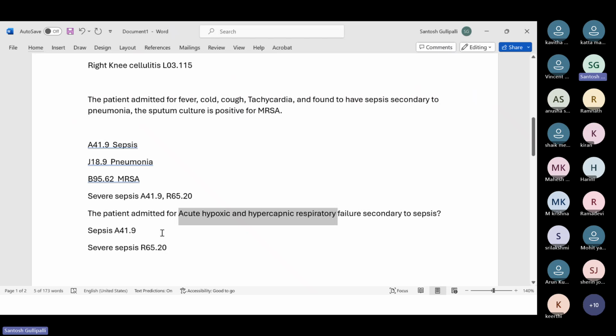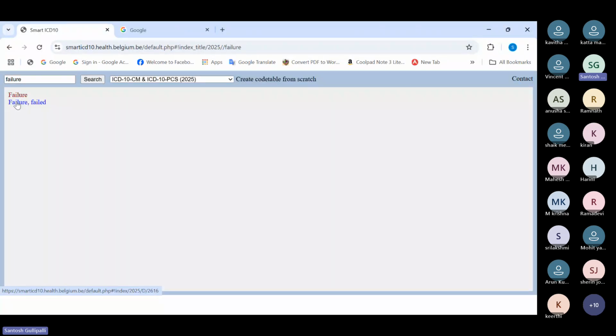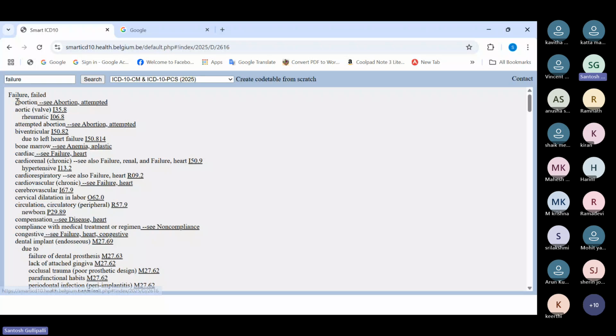In this case, acute hypoxic and hypercapnic respiratory failure is documented. In the index, failure is the main term, and respiration or respiratory is the subterm.